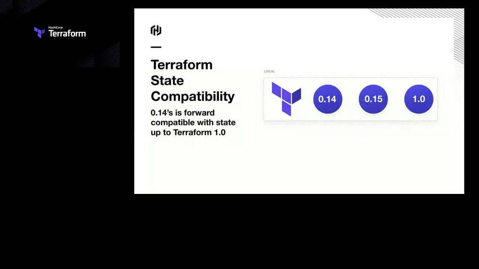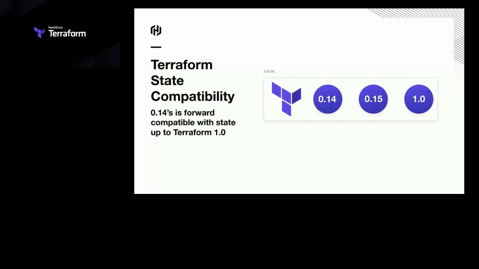Probably the most exciting feature of 0.14 is kind of a surprise. There are some more surprises to come in this area, but I want to bring you back for another webinar, so I won't let them all out today. Part of our Terraform 1.0 work and our Terraform 0.15 work is really thinking about forward compatibility.